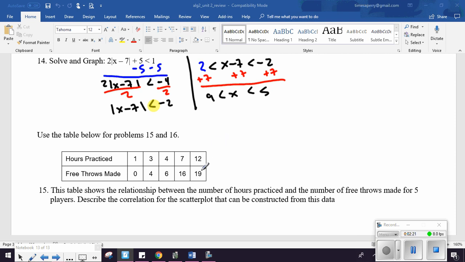Now, is that a true inequality? No. This is a false inequality. You can't have 9 less than 5. So this has no solution.